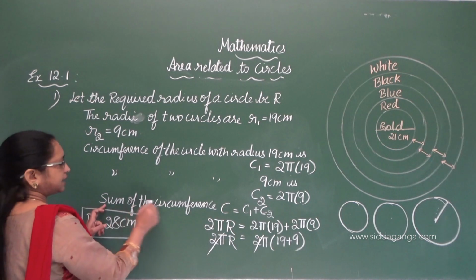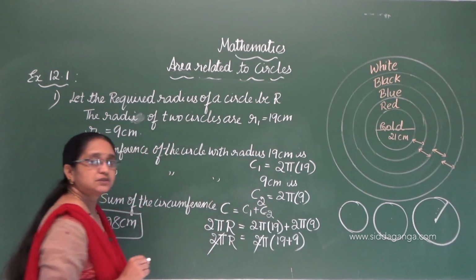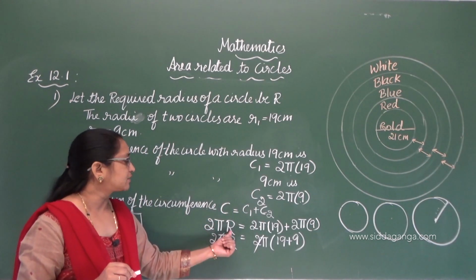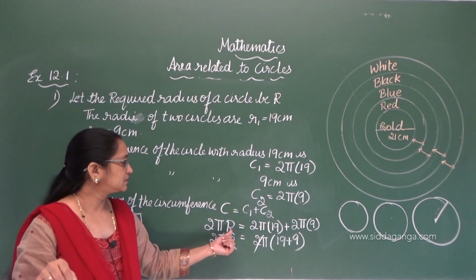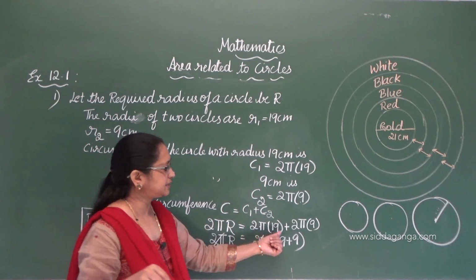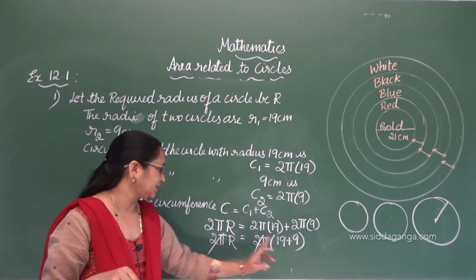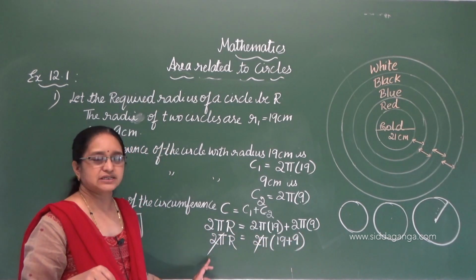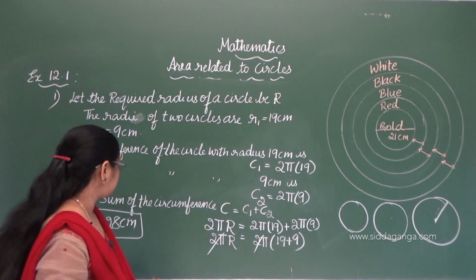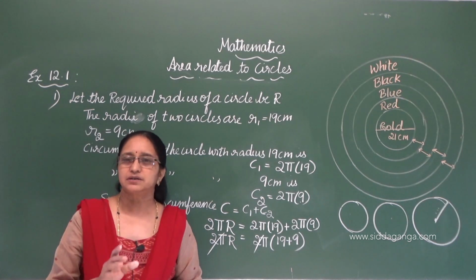Now when you add, the sum of the circumference, capital C, will be equal to C1 plus C2. Now C is 2 pi r, because the required radius is capital R. So 2 pi r is equal to 2 pi 19 plus 2 pi 9. Here 2 pi is common, so 19 plus 9, and 2 pi and 2 pi get cancelled, giving r equal to 19 plus 9, which is 28 centimeter. That is the required radius.